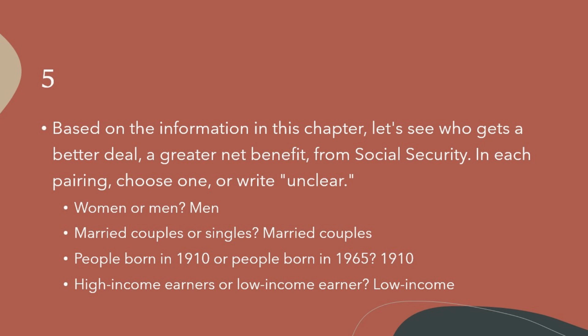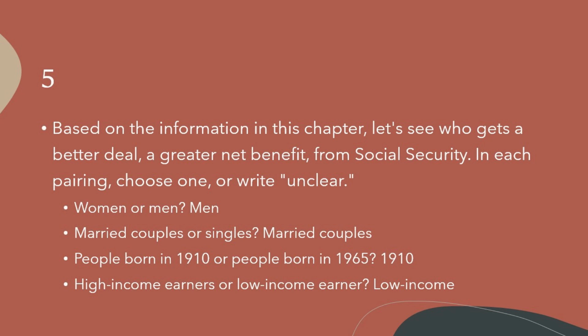Married couples versus singles, married couples are favored because each individual in a marriage can claim their spouse's earnings record. People born in 1910 versus 1965, those born in 1910 are better off because the Social Security tax rate keeps increasing, so older workers are better off than newer workers because newer workers are paying, older workers are receiving.